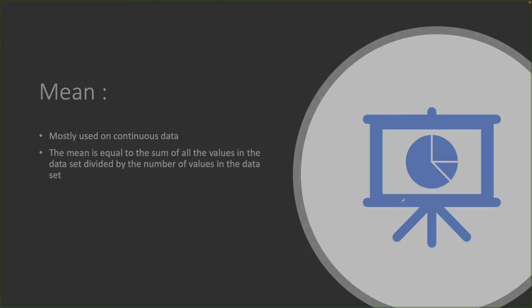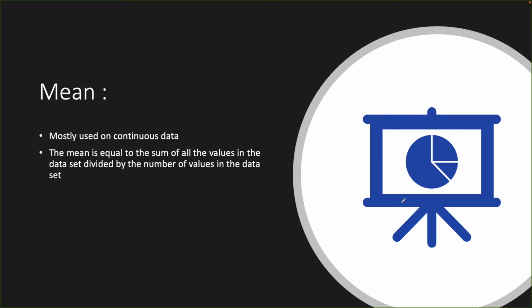Now the mean is mostly used on continuous data, and the mean of a given data set is equal to the sum of all the values in the data set divided by the number of values in the data set. For example, if I have the values 5, 6, 7 and 8, a simple mean is nothing but adding everything.